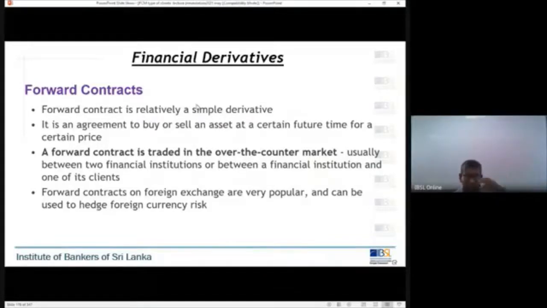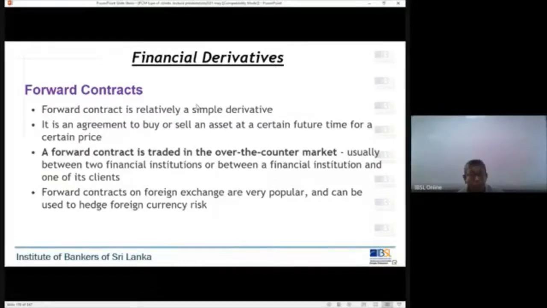So money is coming to you, maybe, for an example, in 3 months' time, right? So now the money you're getting is in dollar form, right? Now today the dollar is 200 rupees, for example. The dollar is 200 rupees, right? So you think after 3 months, the dollar price is going to come down.